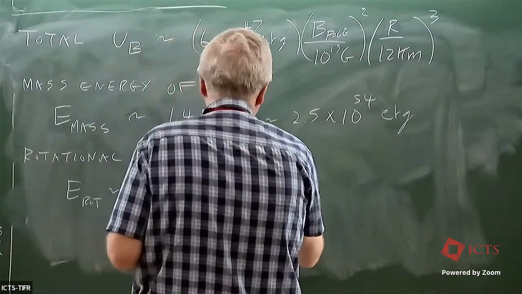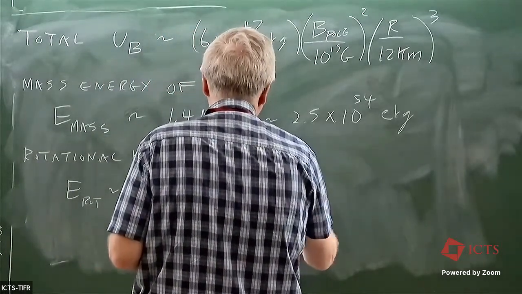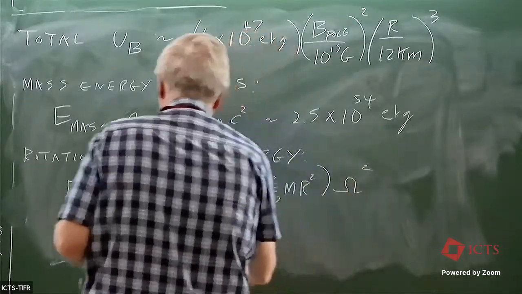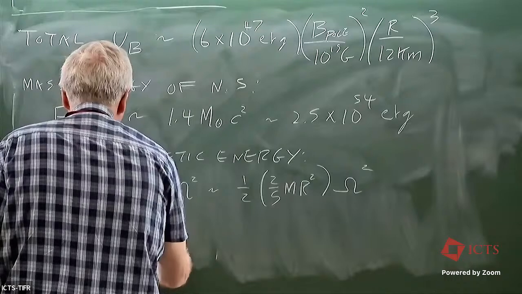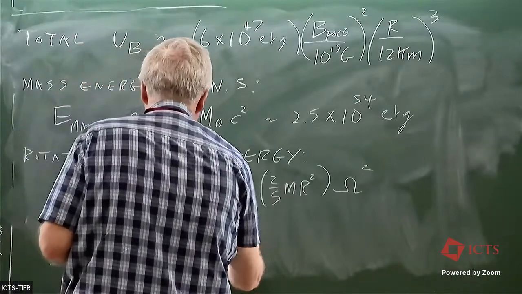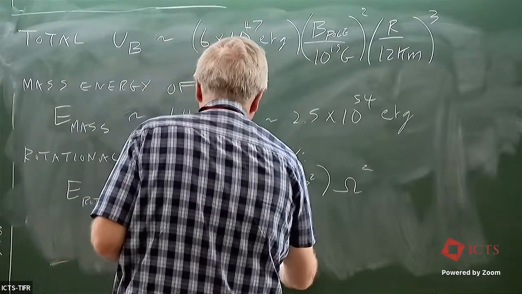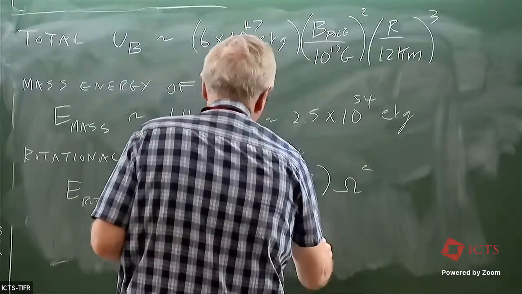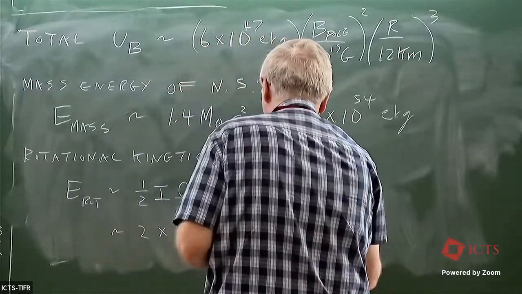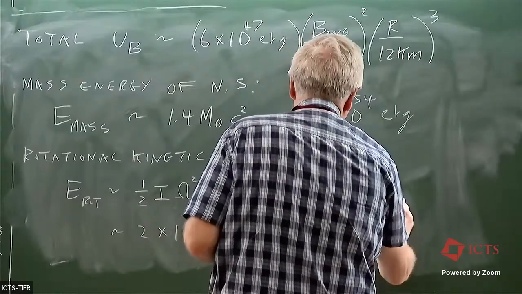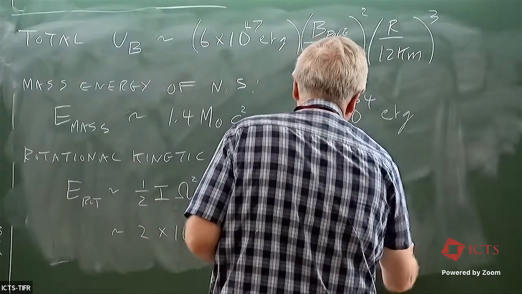And again, using this very simple model of 2/5 m r squared for the moment of inertia, we end up with something that is 2 times 10 to the 53 ergs times the mass over 1.4 solar masses, radius over 12 kilometers squared, and f over 1,000 hertz.